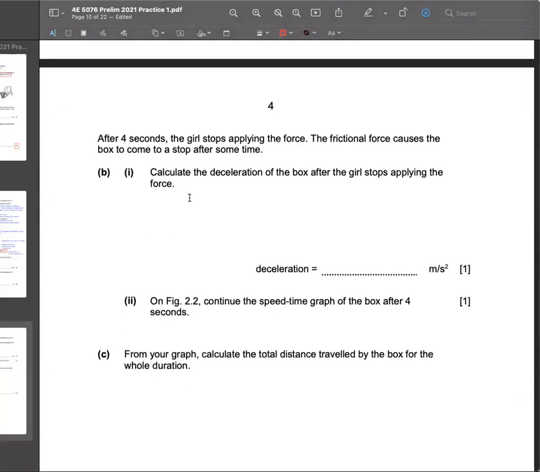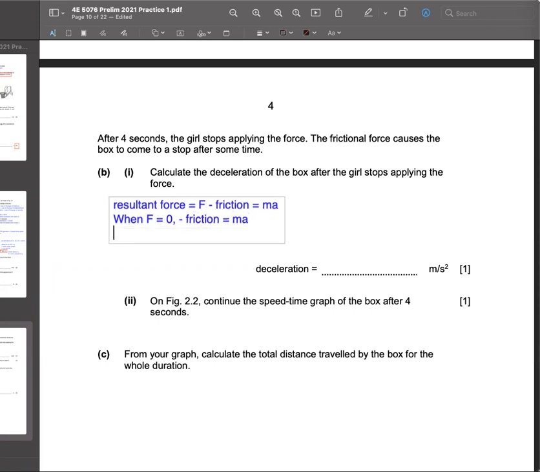After 4 seconds, the girl stops applying the force. Then what happens? Resultant force equals F minus friction equals ma. When F is 0, you only have minus friction equals ma.